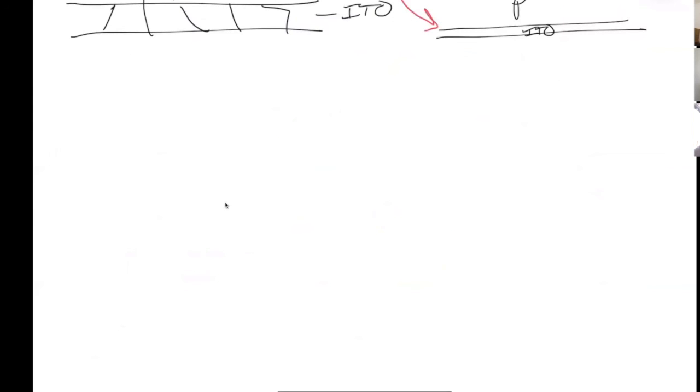So why do they have the words parallel and series resistance?